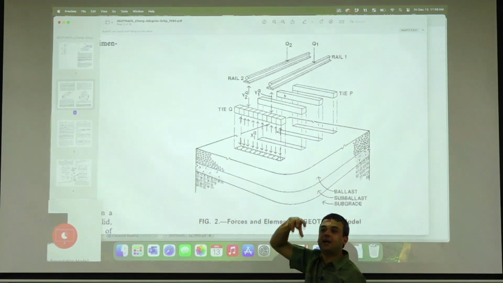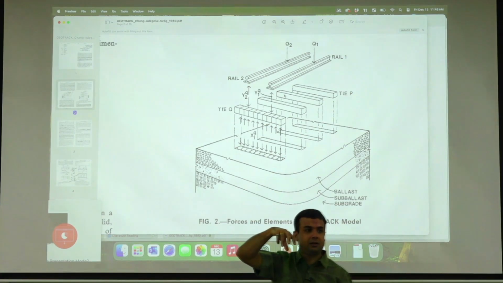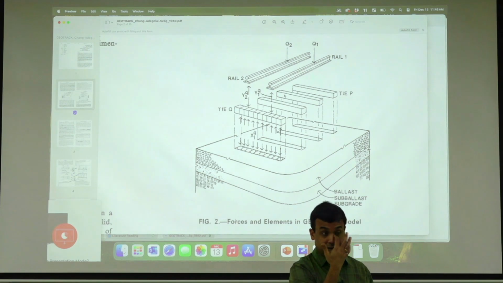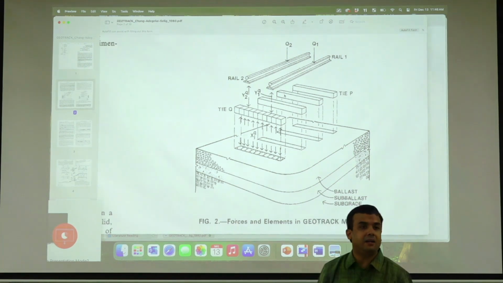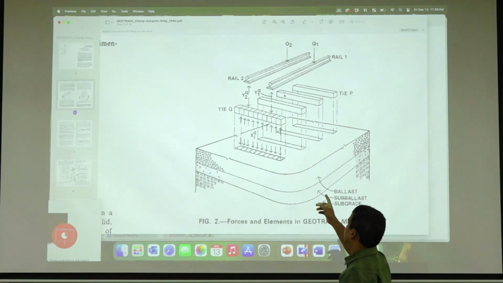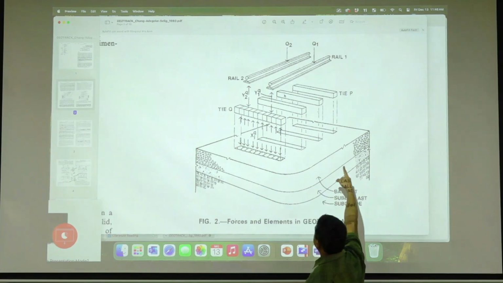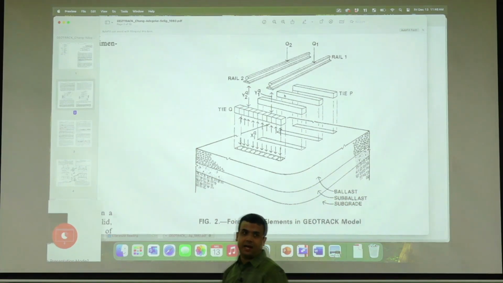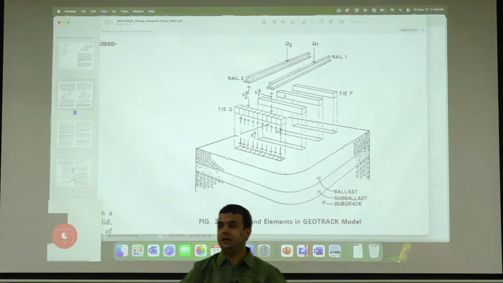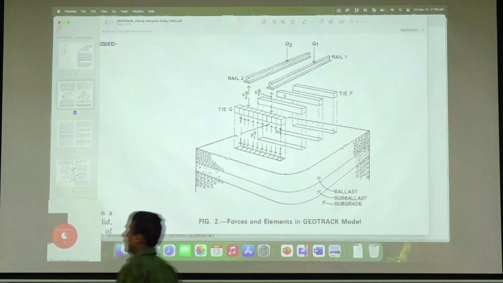If you look at one circle, it's nothing but a tire applying a load on a pavement, right? Beyond that, it just becomes a problem of superposition. It's an 11-tie section where they model the force going into the track.